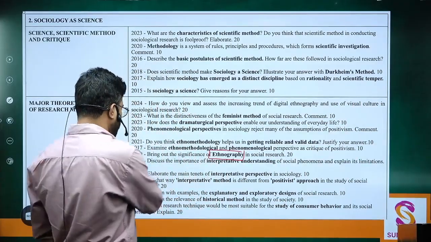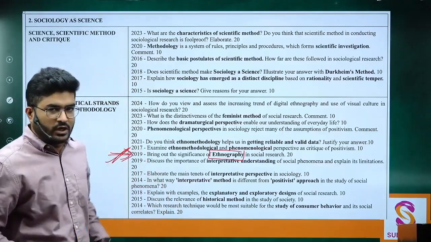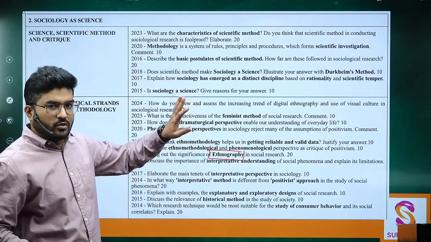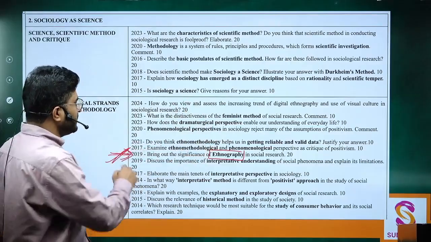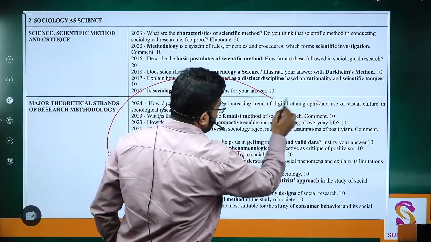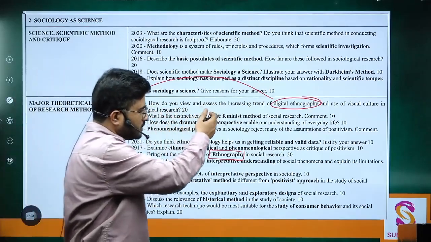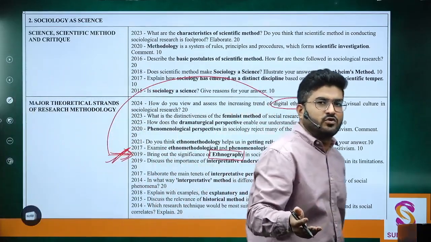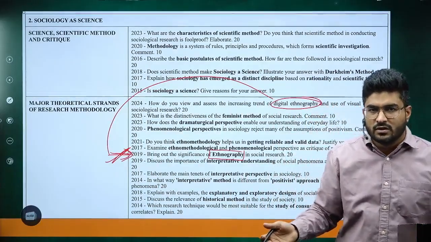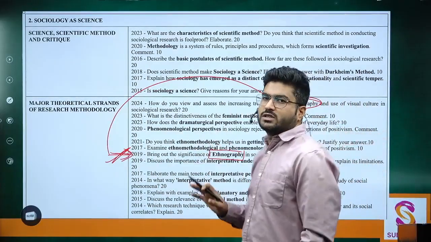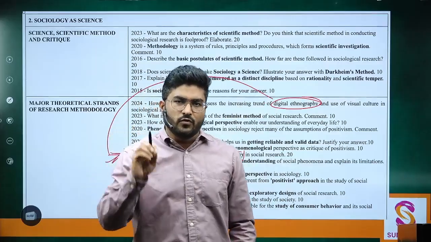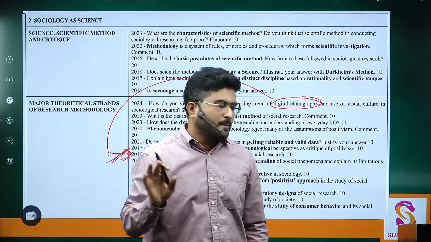So in 2019, if you had written that answer and made notes on ethnography, you could easily have understood its contemporary relevance. Ethnography with this digital approach, then the contemporary relevance can be used in the public health approach. All these approaches you have to understand. So keep your focus on improving your basics.